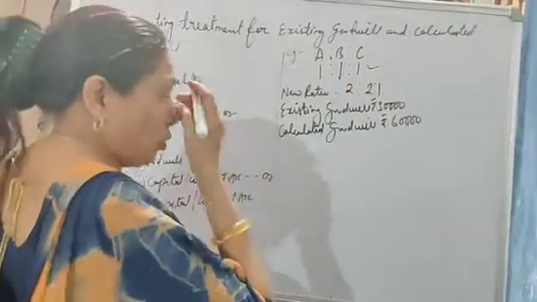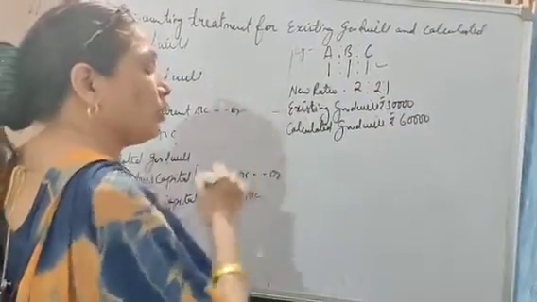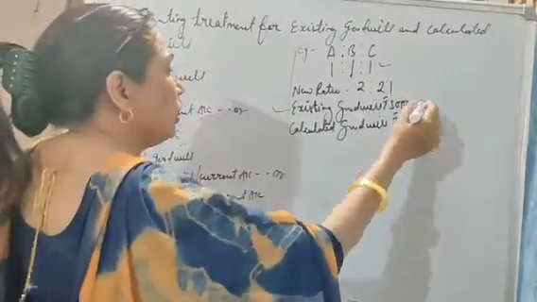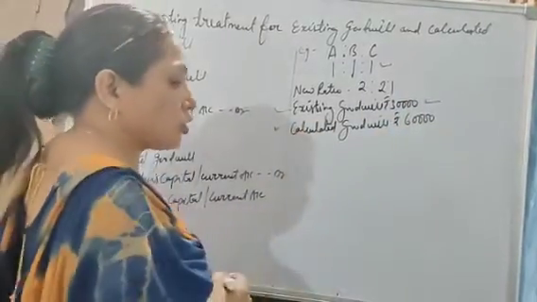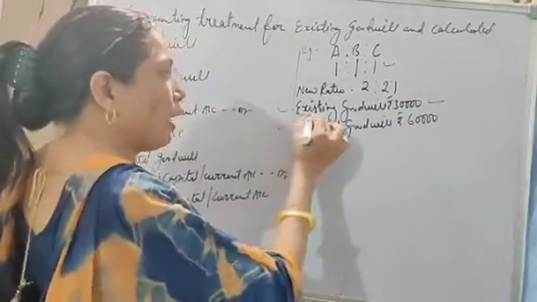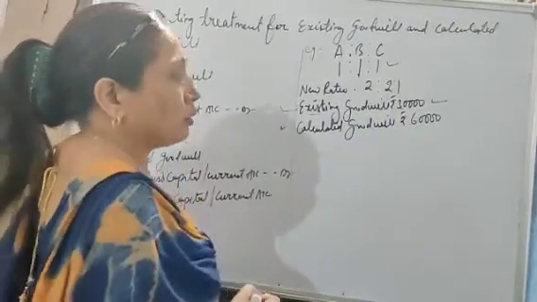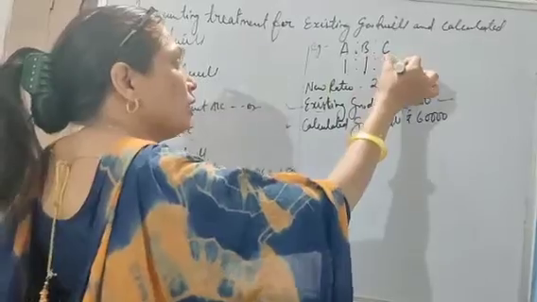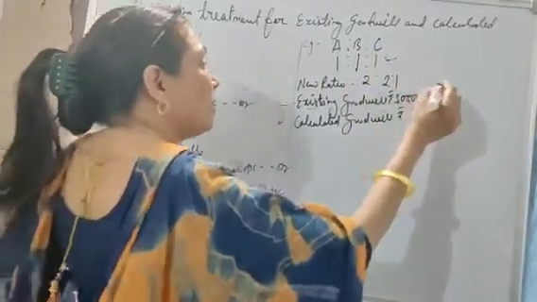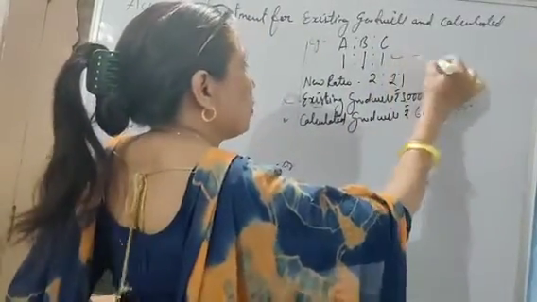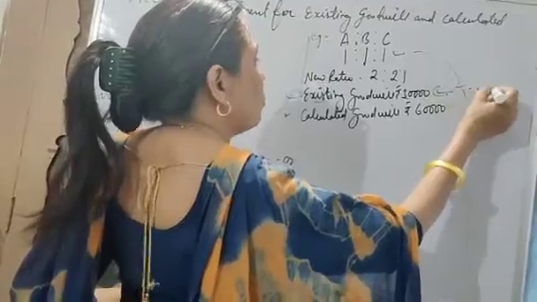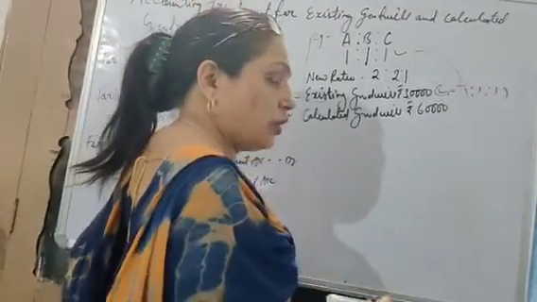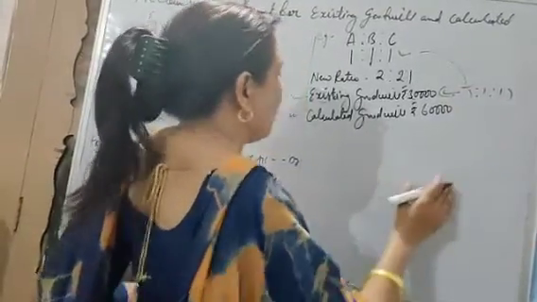Existing goodwill, already given in the question, is 30,000, and calculated goodwill is 60,000. So first we have to prepare entry for the existing goodwill account, and this existing goodwill entry will be made on old profit sharing ratio, that is 1:1:1. Whatever the old ratio is given in the question, on that basis you have to prepare entry.